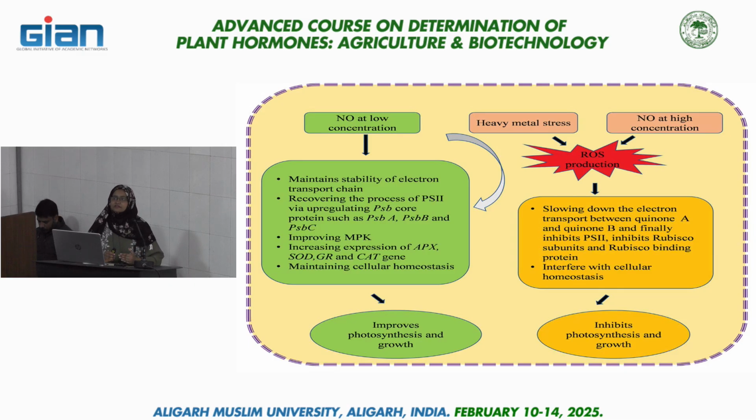It can cause cytotoxicity. So, at low concentration, it maintains this homeostasis that improves the photosynthesis and growth of the plant, which increases the yield.